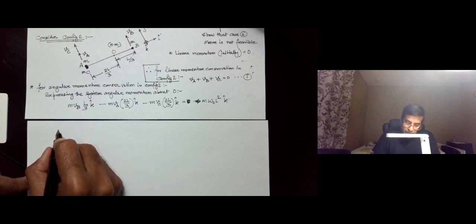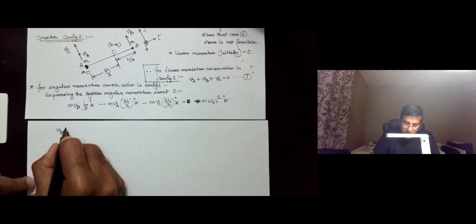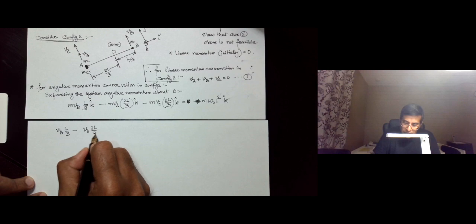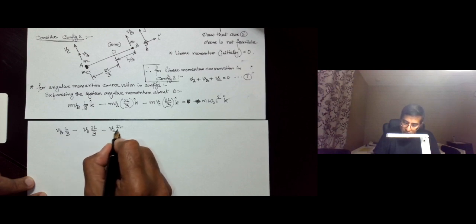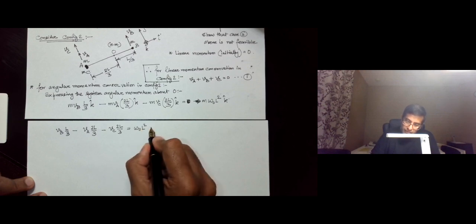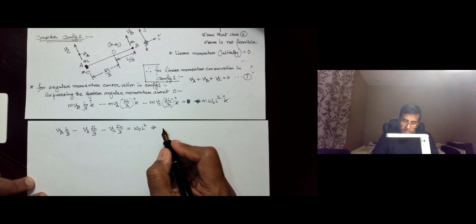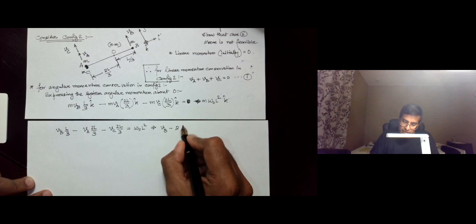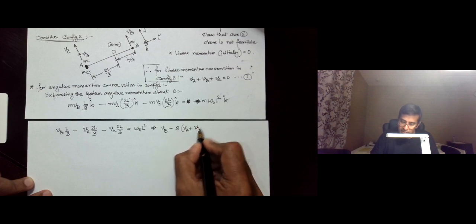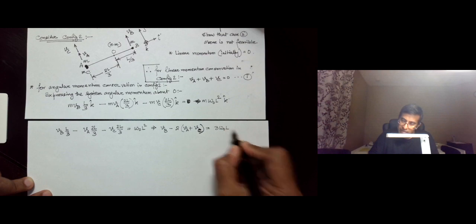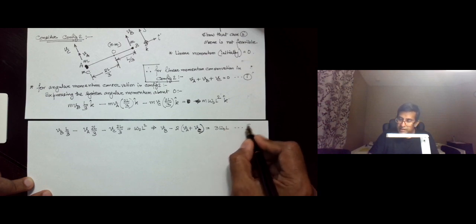So we will have VB L over 3 minus VA 2L over 3 minus VC 2L over 3 is equal to omega naught L squared, which upon simplification is going to give us VB minus 2 times (VA plus VC) is equal to 3 omega naught L.